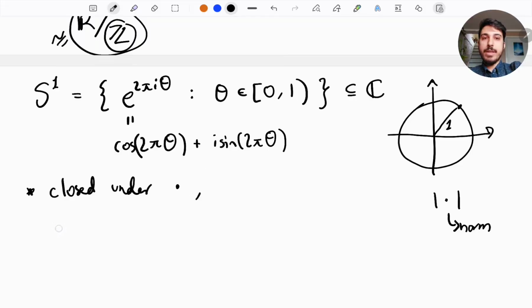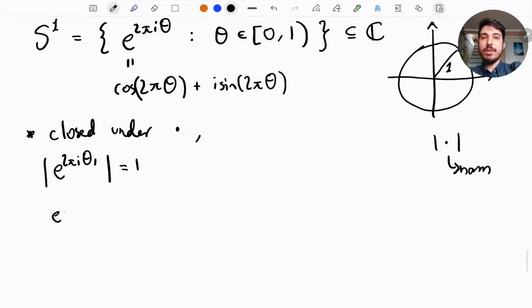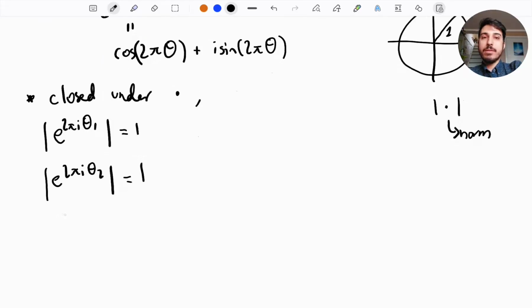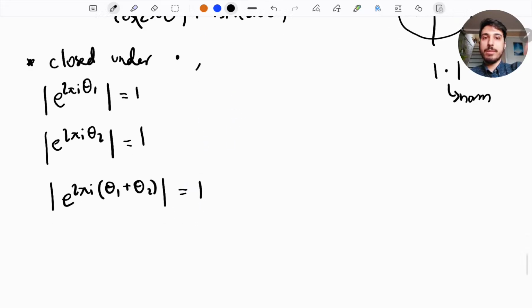Because if e to the 2 pi i theta 1 has a norm of 1, and e to the 2 pi i theta 2 also has a norm of 1, then the product of these two elements would be, using exponent laws, e to the 2 pi i times theta 1 plus theta 2. And that also has a norm of 1. So it is closed under multiplication.